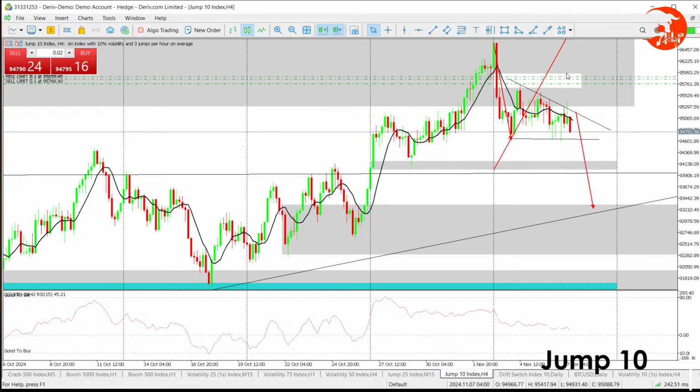But either way, don't forget to always anticipate a manipulation breakout around that area and then price coming here. Never forget that. That's how the market is. If you don't anticipate manipulation and you think that price has broken out here, it may even give you a manipulation to take you back there.